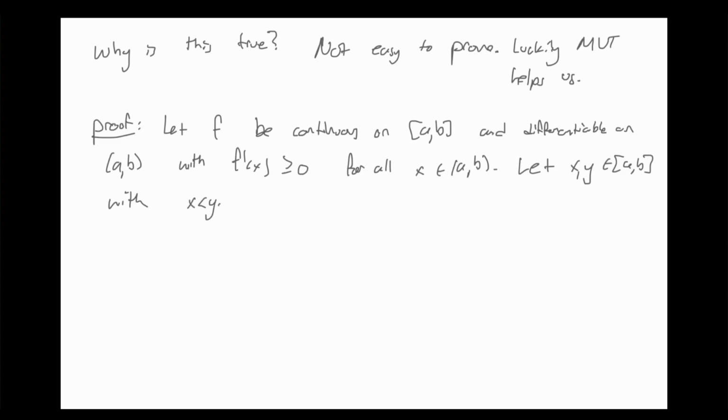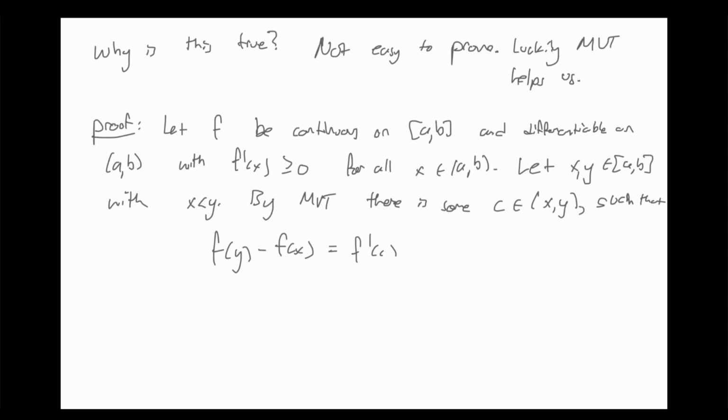So by the mean value theorem, there is some c in between x and y such that f of y minus f of x is equal to f prime of c times y minus x.